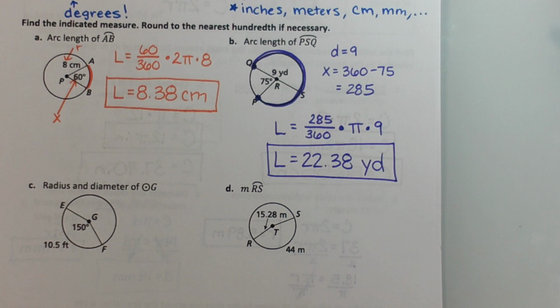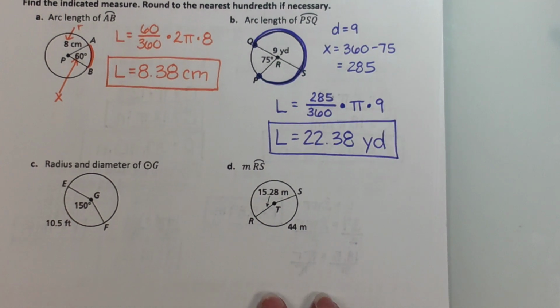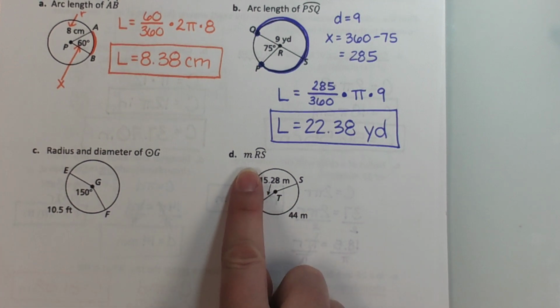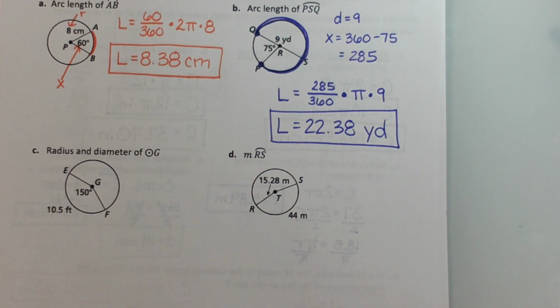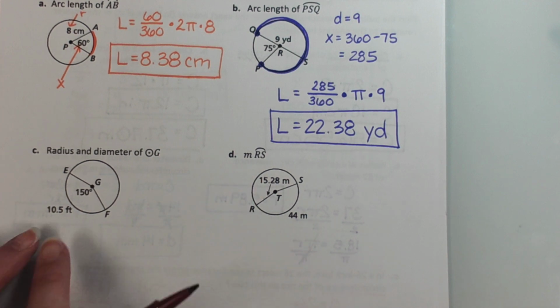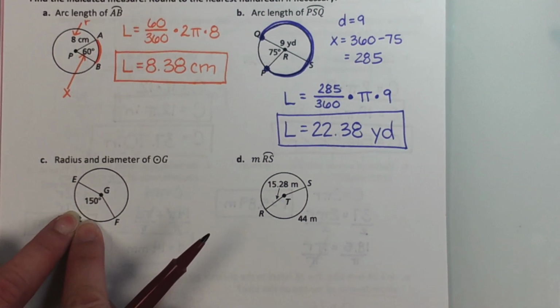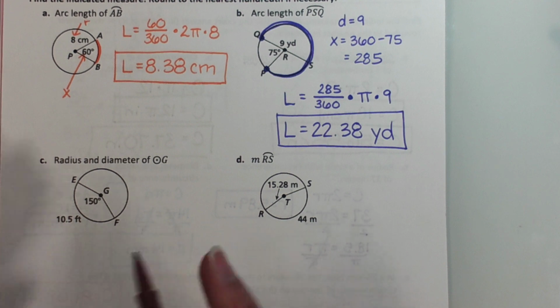The problems C and D work backwards. They're solving for a radius and a diameter or for an arc measure. On C, do you notice this 10.5 here? Do you notice how it's right next to the edge of the circle? Do you notice that it's in feet? Yup. Which means this is a circumference.